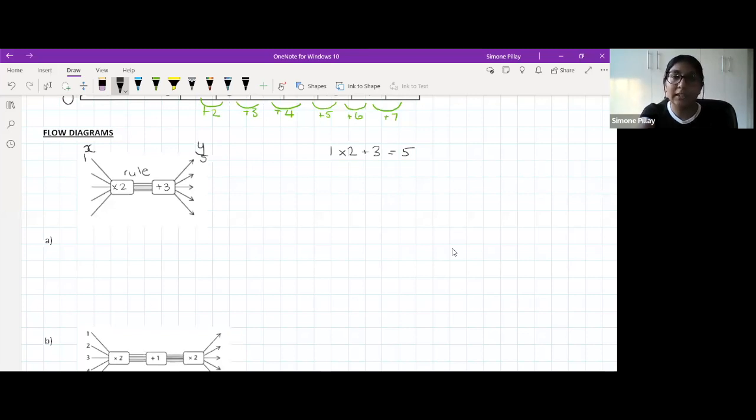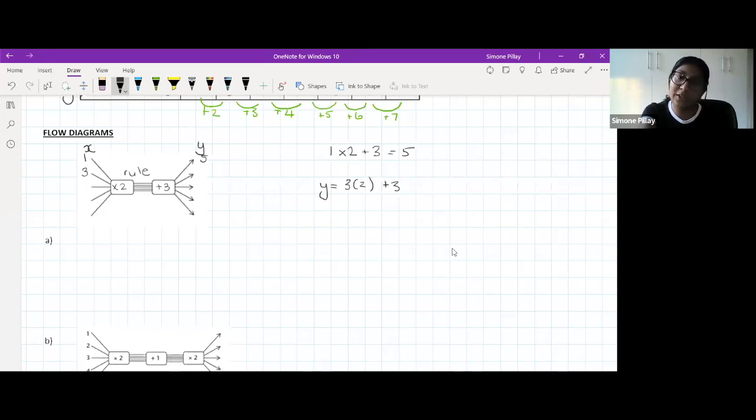Okay, let's try to set this up a little bit more like an algebraic equation, which is what we know. Let's try a little bit of a harder one. Let's try number 3 in there. I'm trying to figure out what my output value is here. So I'm going to say y is equal to 3 multiplied by 2, and then I'm adding 3.